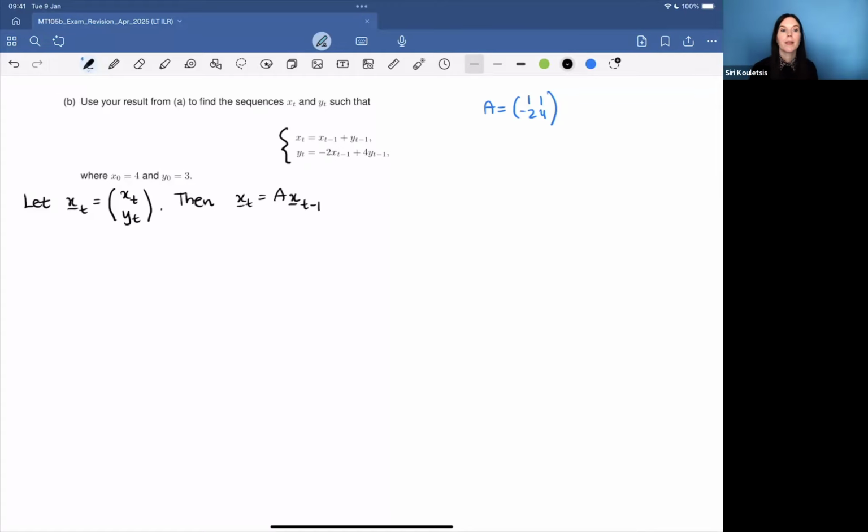And you can see then that if we let xt be this vector, xt, yt here, then we have xt equals A times xt minus 1, just remembering here the matrix A that we had before. But we know that we can write A as the product PDP inverse. And now we can multiply on the left here on both sides by P inverse.